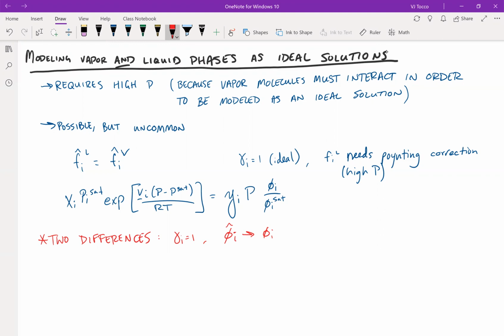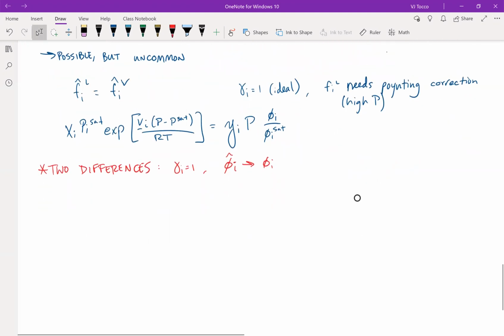So I could go through the trouble of calculating what the mixture fugacity is, but it'll simplify a little bit if I only take into account the pure component fugacity. So for example, in the virial EOS, what was the expression for the mixture fugacity of component i? Looking at my notes, I'm just going to do the mixture fugacity of component 1 because that's what I have, and then the same thing will hold true for component 2 as well.